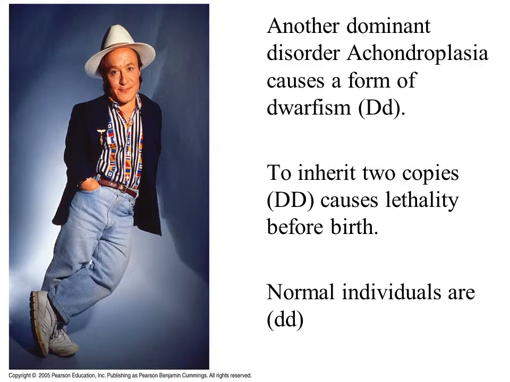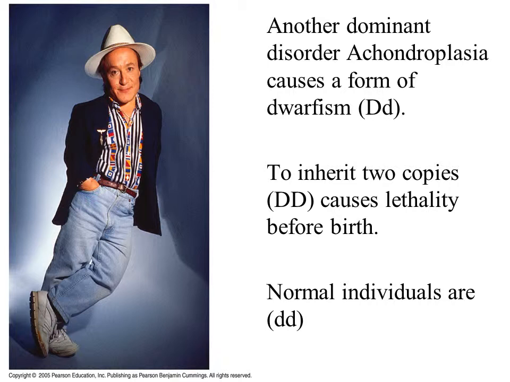Another dominant genetic disorder is achondroplasia. Achondroplasia is a form of dwarfism. To be a dwarf, your genotype would consist of a big D and a little d.